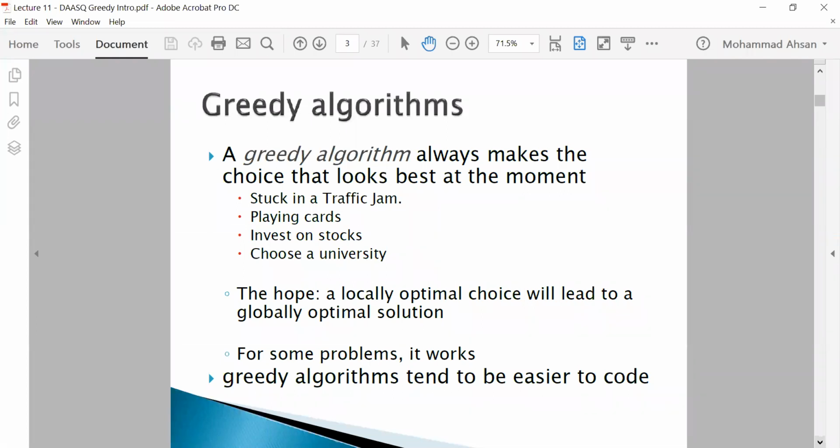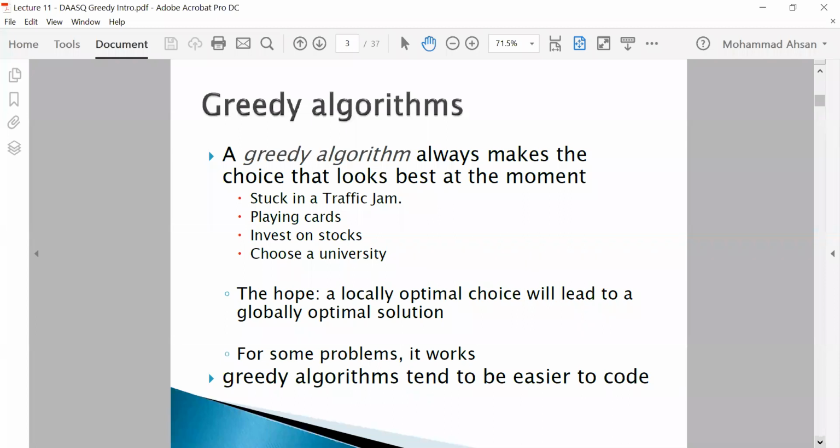When we talk of greedy algorithms, we are hoping that when we make a greedy choice in each of our steps, that is, a locally optimal choice, meaning at this stage this is the best choice I have, then by making a greedy choice locally in all the steps, you will be able to reach an optimal global solution.